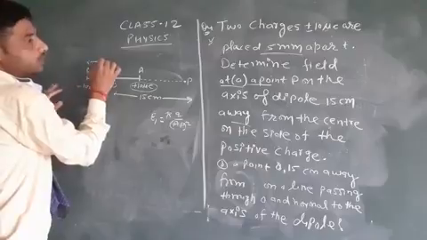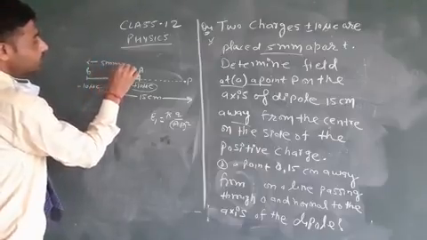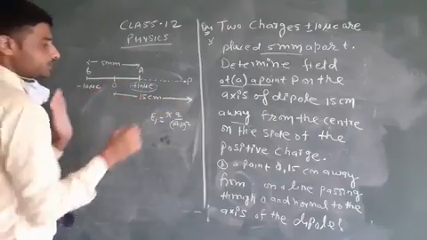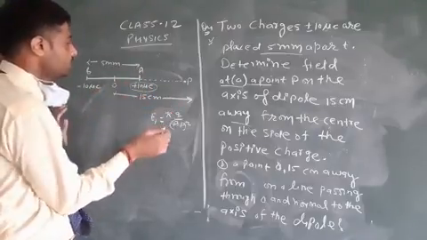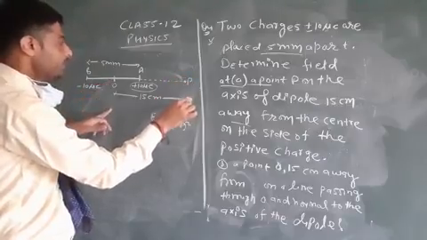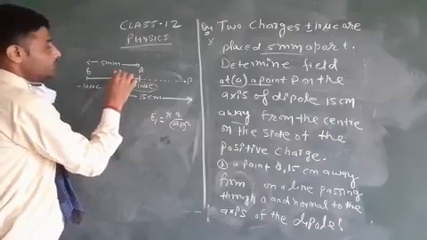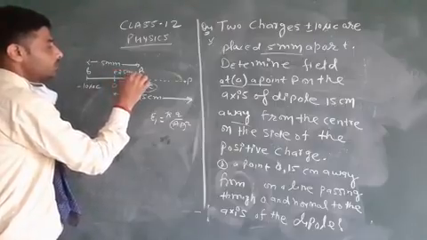The dipole length is 5 millimeter and this is 15 centimeter. So AB equals OP minus OA, that is 15 centimeter minus 2.5 millimeter.